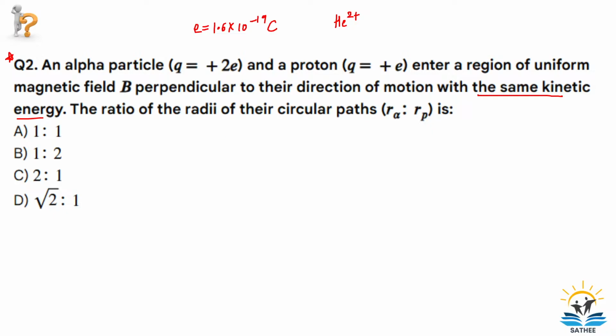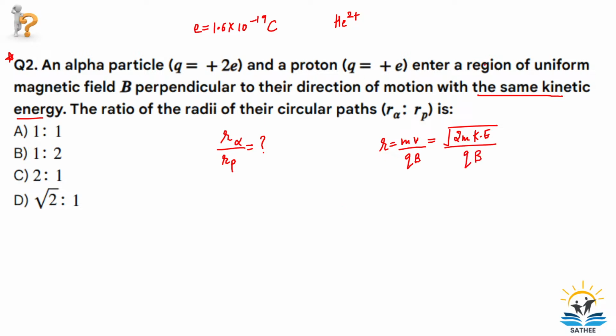That means R alpha by R proton. R is mv by qB, and I have told you another form. They have given the same kinetic energy, so you have to modify this formula in terms of kinetic energy: R equals root of 2m times kinetic energy, divided by qB.